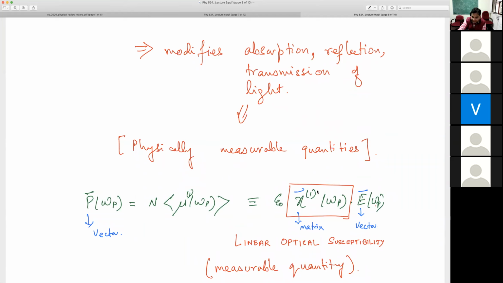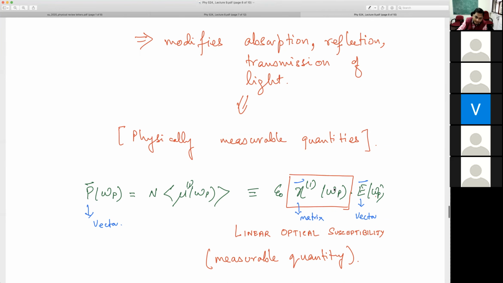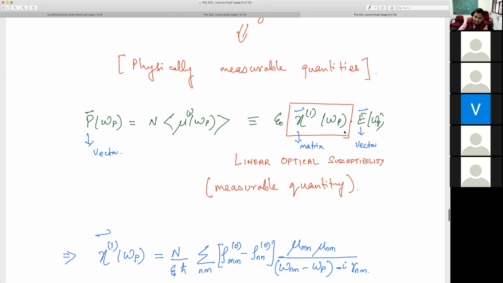So this chi1 has to be a second rank tensor, or a matrix, basically, right? Because I can calculate Px, and here I will have chi_xx, chi_yx, plus chi_zx times Ex, Ey, Ez, term by term. Is that clear, basically?